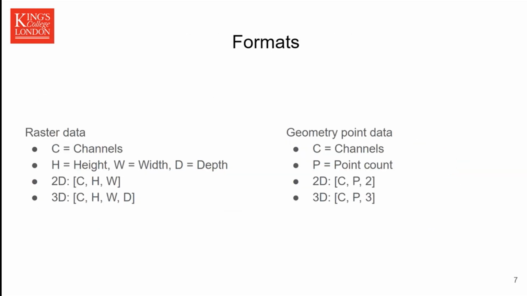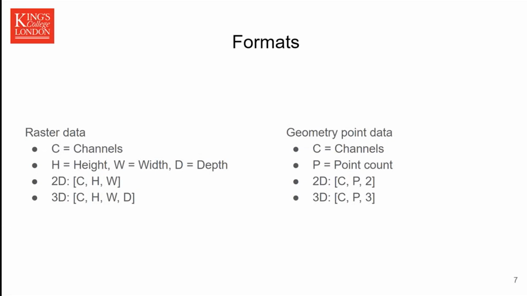So just looking briefly at the kind of formats you expect to see when you're dealing with raster data and geometry data, you're probably all familiar with raster data. When you're doing pre-processing, you'll typically have a number of channels. And then if you've got image data, you'll have height and width. And if you've got volumetric data, you'll have height, width, and depth. And they will define the shape of your tensor.